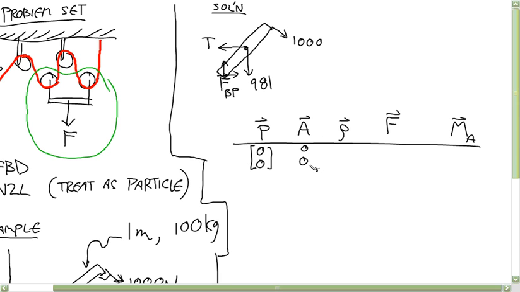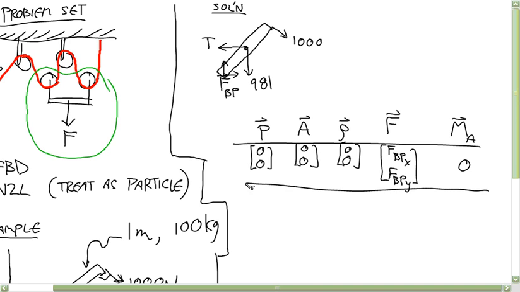So 0, 0. Once you choose your about point for the first force, that's going to be your about point the whole way down. So rho then is 0, 0. The force vector is F_BPX, F_BPY. And your moment is 0.